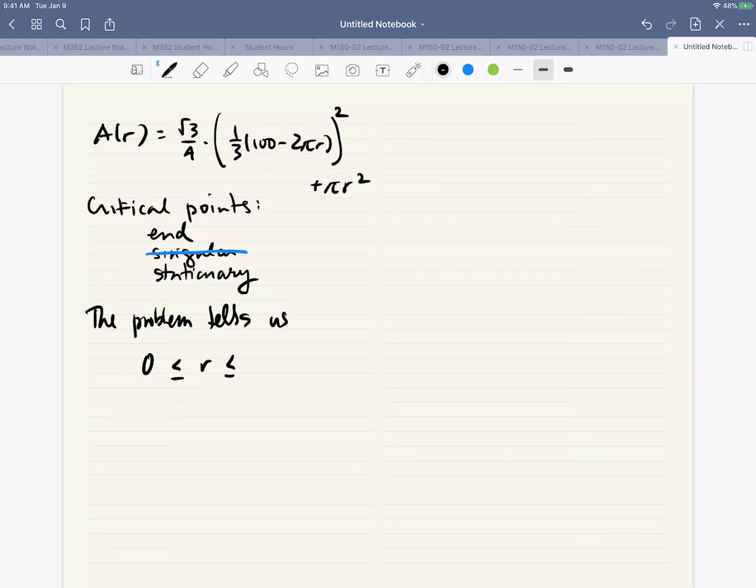So if our circumference is 100 centimeters, then our radius must be 100 over 2 pi. And we can write that as 50 over pi.